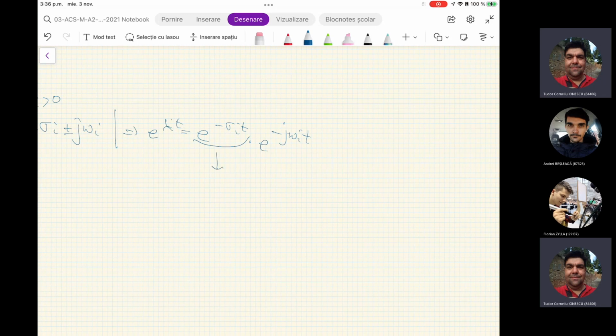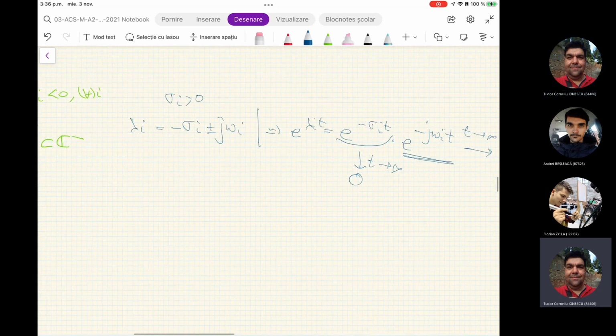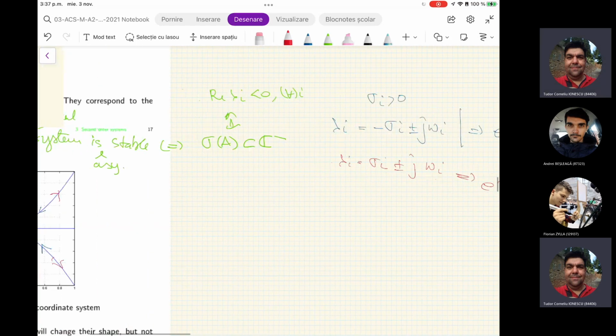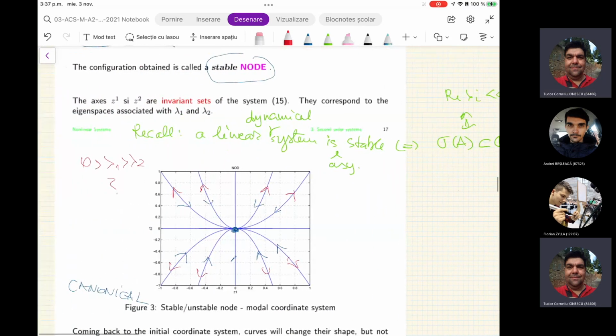This goes to 0 when t goes to infinity, and this is just bounded. So it all goes to 0 when t goes to infinity. But if sigma_i is positive, lambda_i is sigma_i plus or minus j omega_i, then e to the power lambda_i t goes to infinity when t goes to infinity, because it's infinity times bounded. So it goes to infinity.